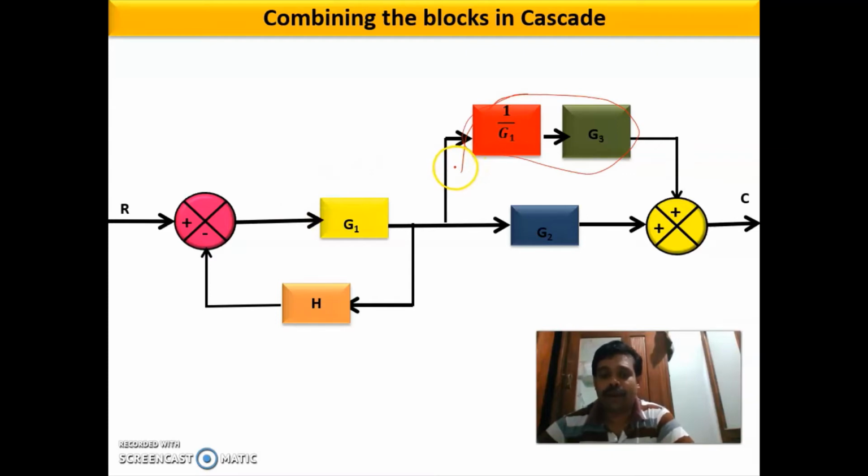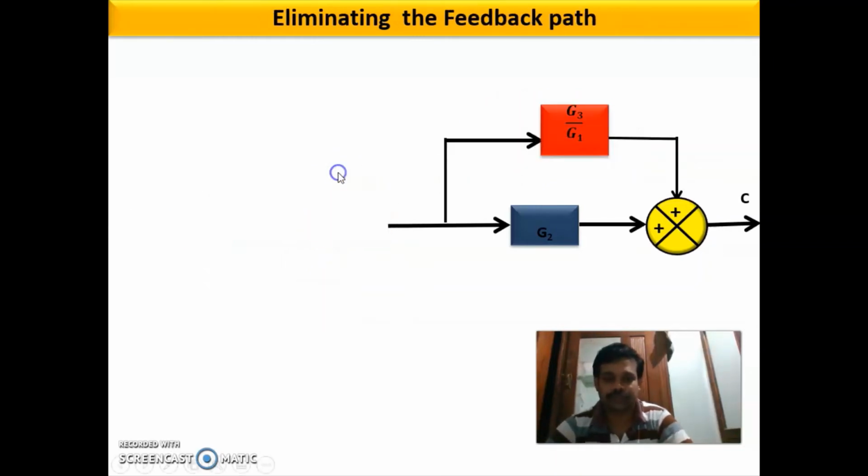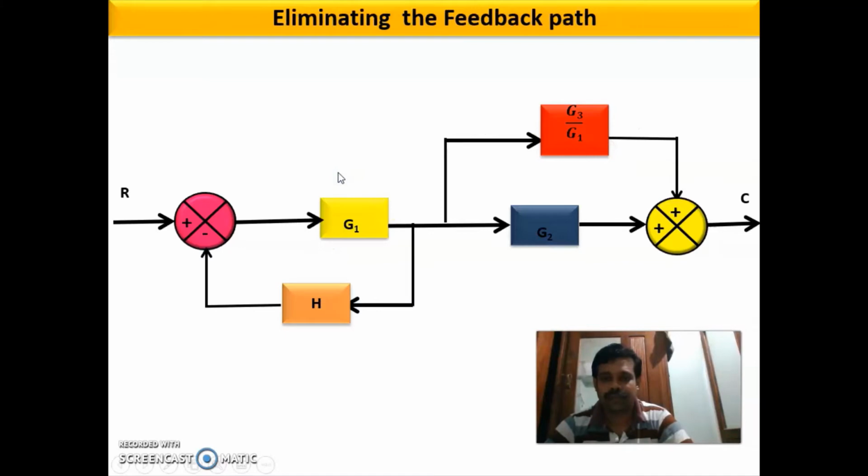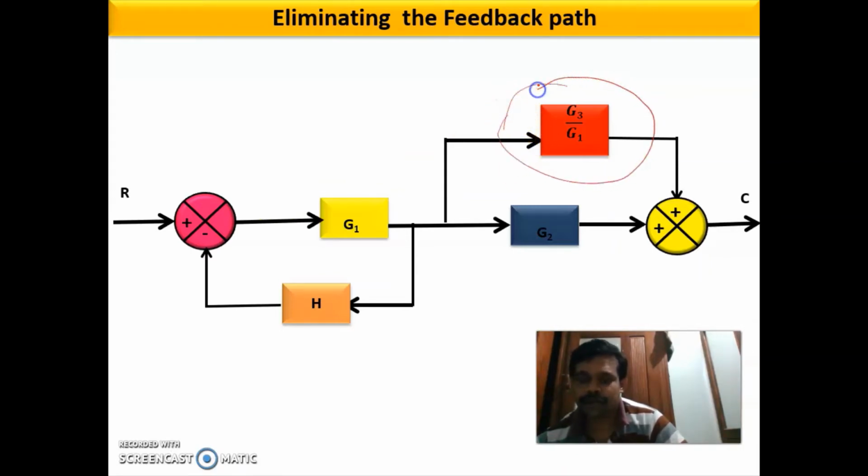The equivalent block will have the gain G3 by G1. This is the combined block. The cascaded blocks we have combined and we have got G3 by G1.